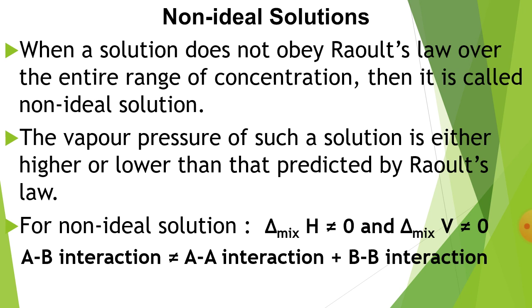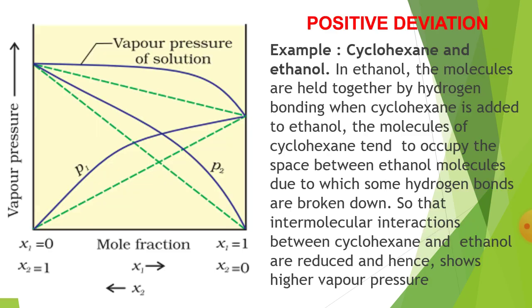Here the AB interaction is not equal to the AA interaction plus BB interaction. Here there may be AA solvent interaction and BB solute interaction. So before mixing and after mixing the interactions are not similar. That's why they form a non-ideal solution.